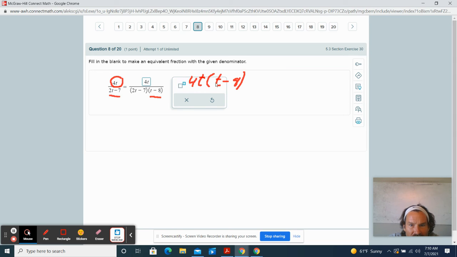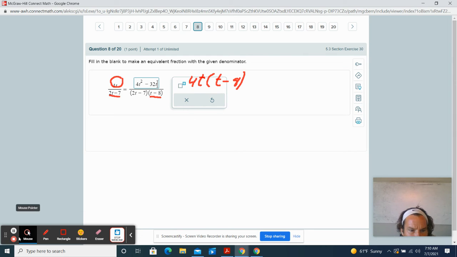So 4t squared, 4t times t is 4t squared. So I'm going to use this exponent, 4t squared. Okay, and then minus 32t. So I multiplied this out, 4t times t minus 8, because it wasn't letting me put parentheses in there.